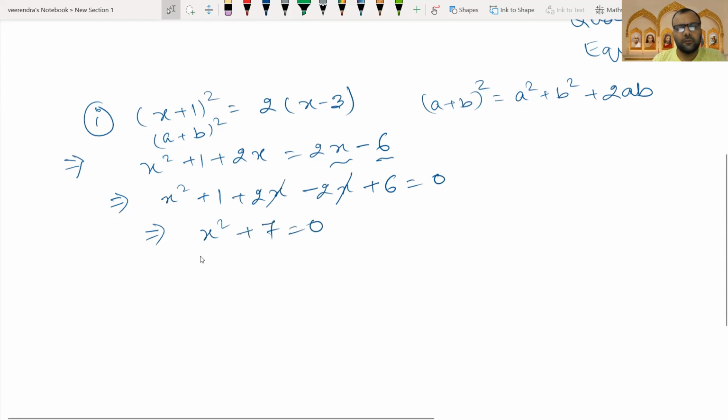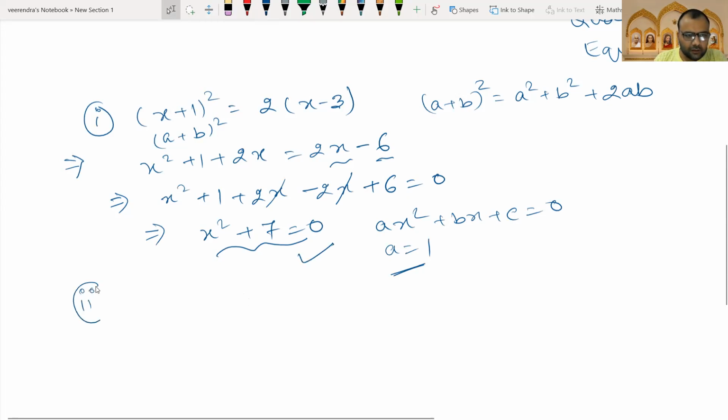Now if we compare this with ax square plus bx plus c equals to 0, we can clearly see that the coefficient of x square is not 0 and it is equal to 1, a equals to 1. So it is a quadratic equation.